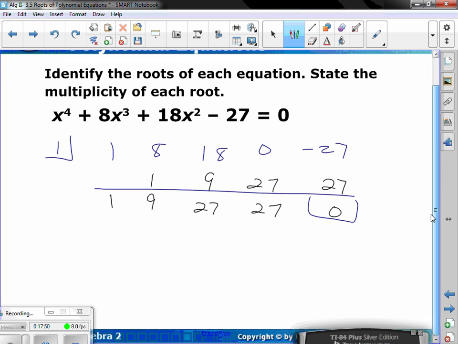So I know right now I have x minus 1, x cubed plus 9x squared plus 27x plus 27. I'm not sure how to factor from this. I don't know how to factor an x cubed plus 9x squared.